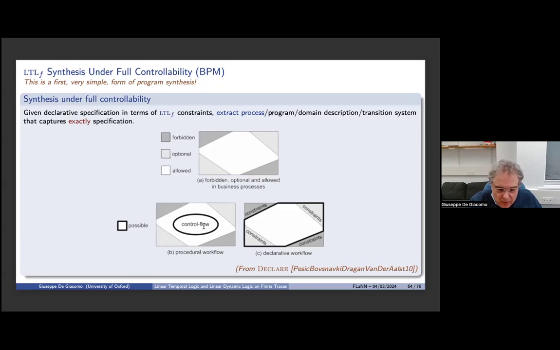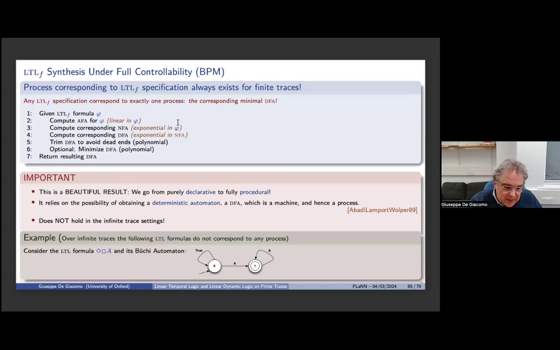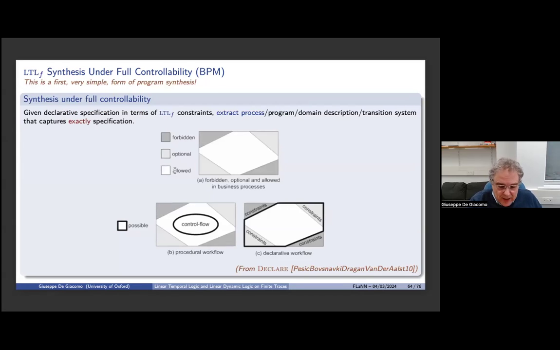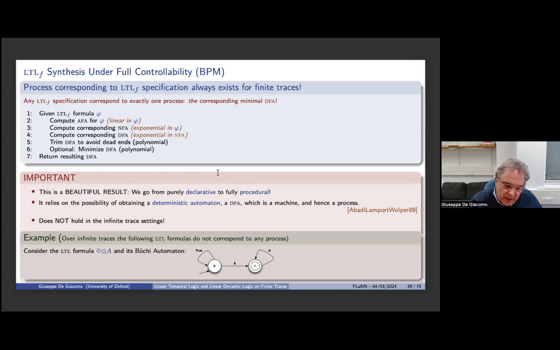You want to have a control flow that captures the entire white area. This can be done simply by taking the formula and transforming it into a DFA, because we have to remember that a DFA is a finite-state machine, so it's a program. That is what we really want when we say a control flow that corresponds to the entire white area.